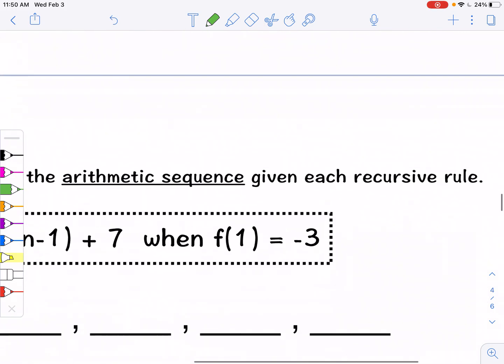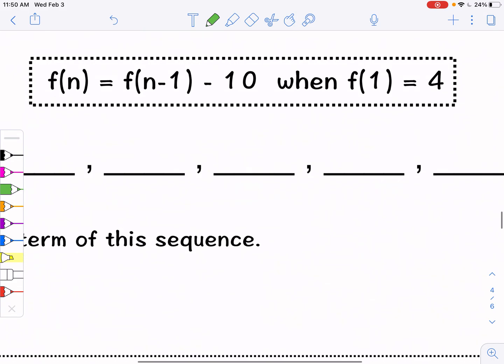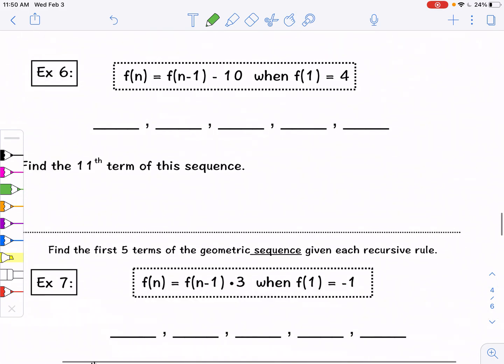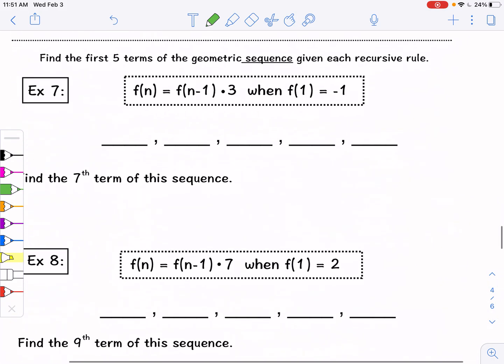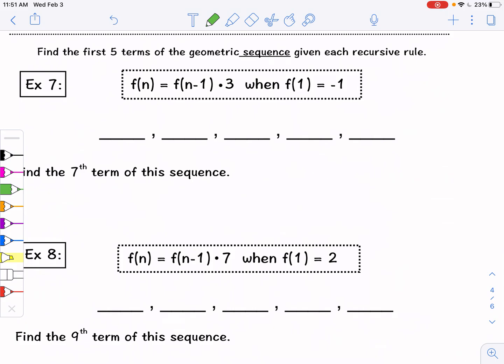So now if we take a look down here, I know that this is a geometric sequence because I have this times right here. Looking at this, I can easily tell that my first term is -1. So I know that that's going to go right here in the first slot.